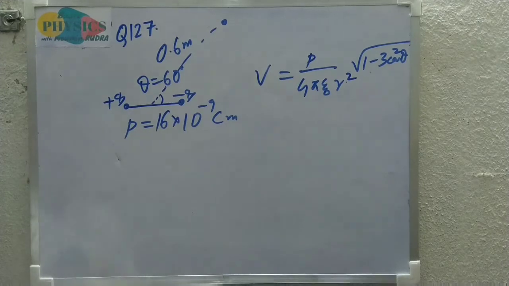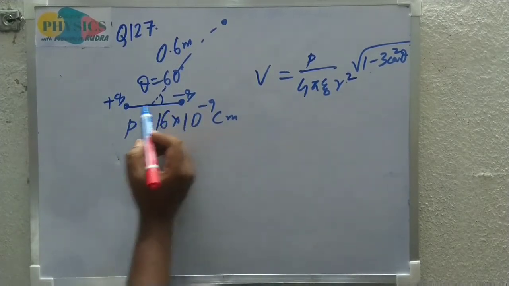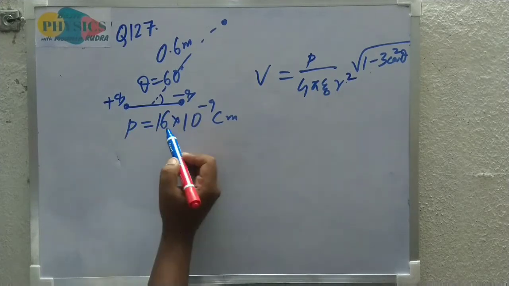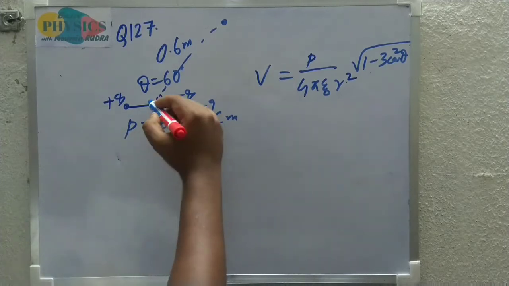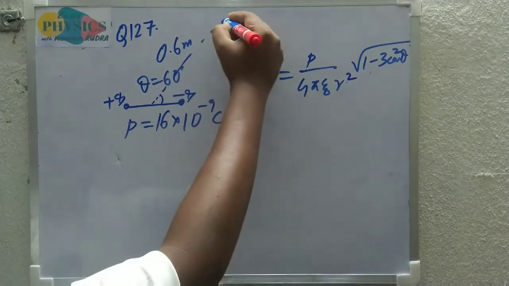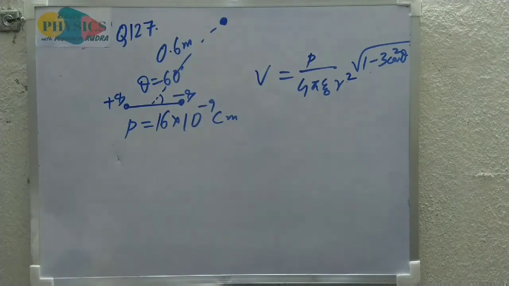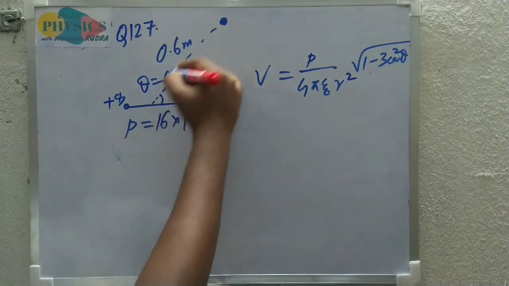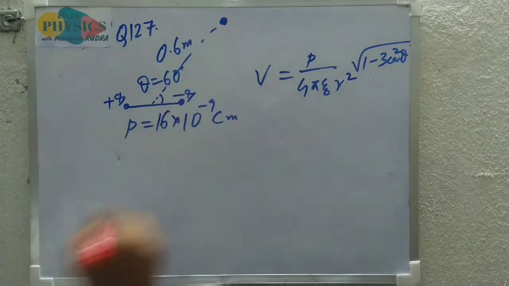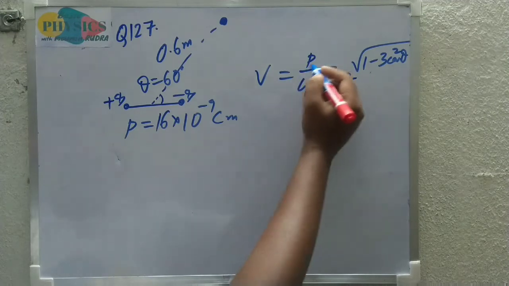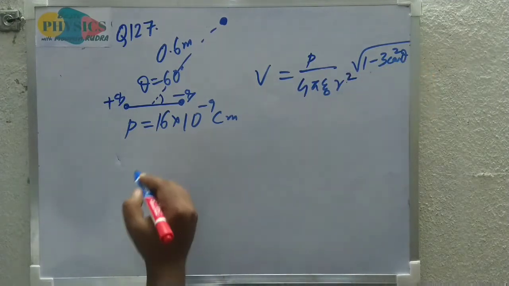127. So it's a dipole with plus q charge and minus q charge, and it has a dipole moment of 16 into 10 to the power minus 9 coulomb meter. Another point is P. Here we have to find the electric potential. The distance from the axial point is 0.6 meter and theta equals 60 degree. So we know that potential V equals P by 4 pi epsilon naught r square, root over 1 minus 3 cos square theta.